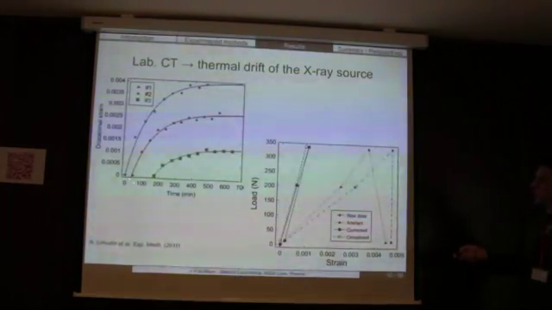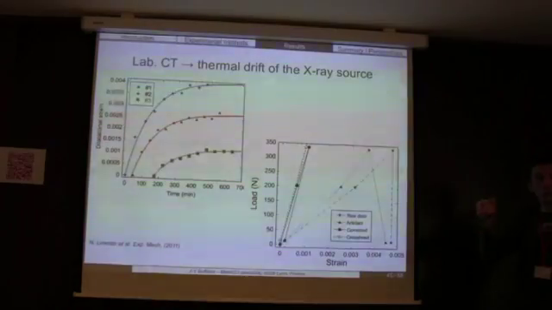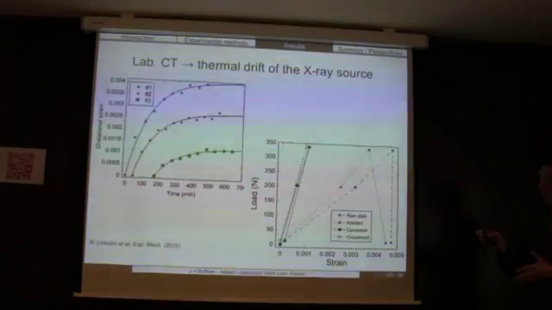Those points here are the strain you get by just setting one sample in the tomograph and not doing anything. You just record some scans after some minutes, hundreds of minutes, and you see that you have apparent strain. It's just because the position of your source is changing, so the magnification on the image is changing.